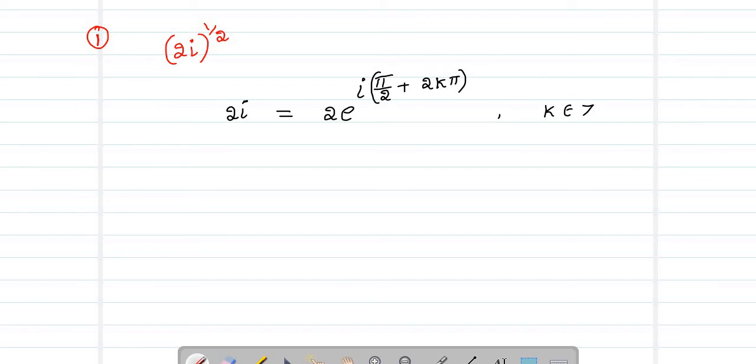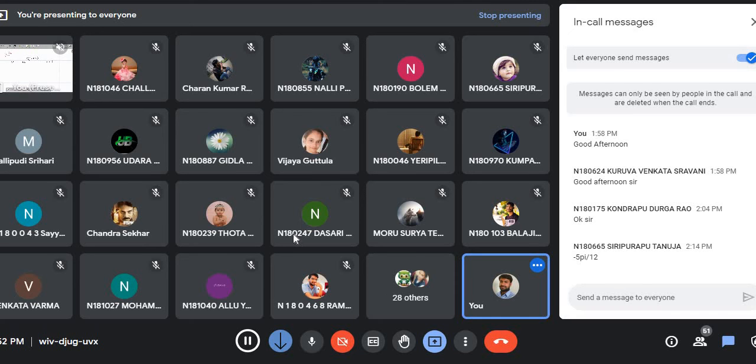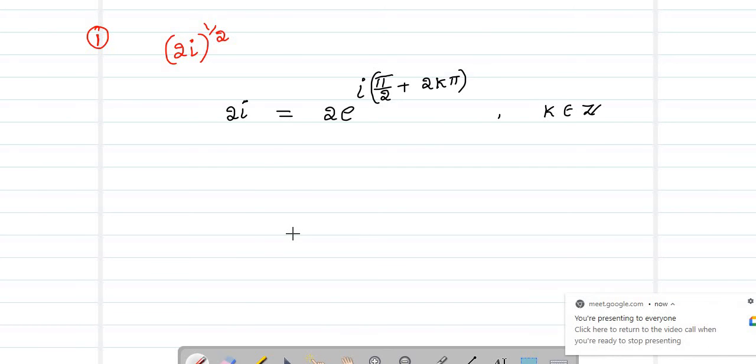Where k belongs to integers. Now this implies, what is 2i power 1 by 2? You just take the power on both sides, so that is 2 into e power i, pi by 2 plus 2k pi.